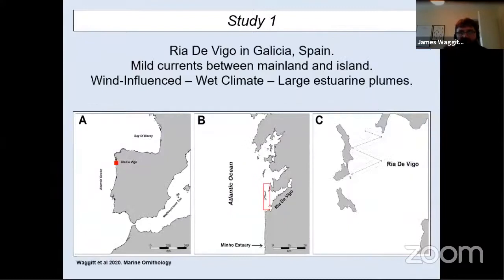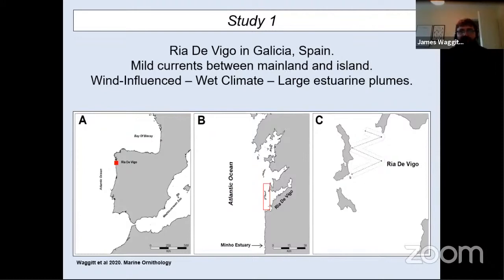But just so people who don't know where this is, this is in northwestern Spain. It's a semi-enclosed ria, so an estuary in itself. And we focused our surveys on the outer part of that estuary next to the Islas Cíes. There are mild tidal currents, so there are some flows there, but they're not particularly strong.